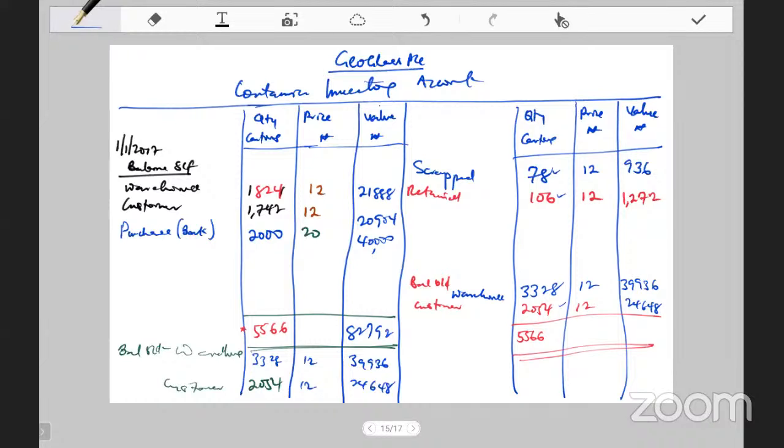Let's confirm. 936 plus 1272 plus 39,936 plus 24,648 gives 66,792. So I have a shortfall against 82,792, and what I'm having as the balance is 16,000.